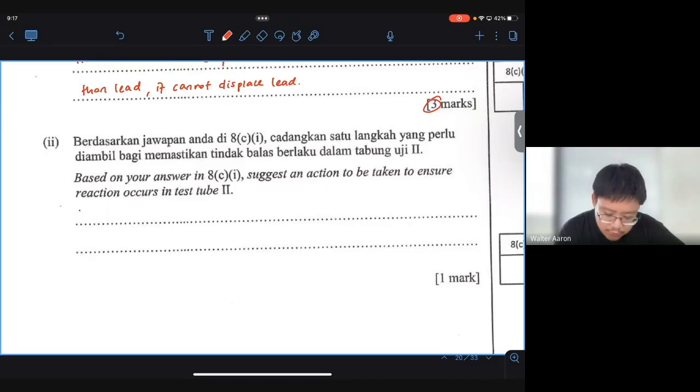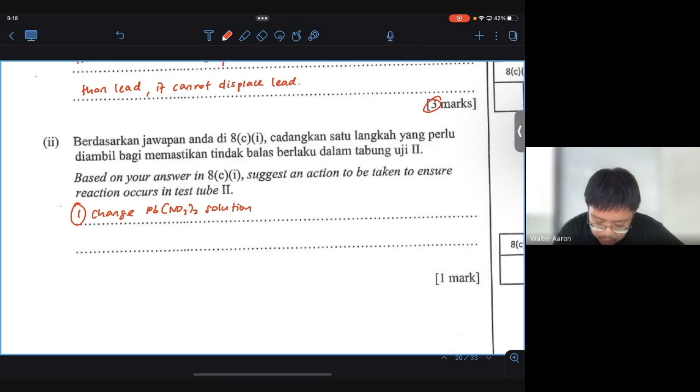Okay, so the first answer you can give will be change PbNO3 solution to AgNO3.